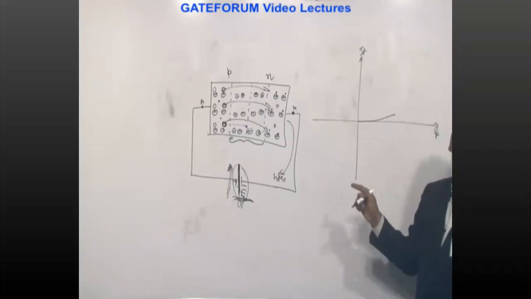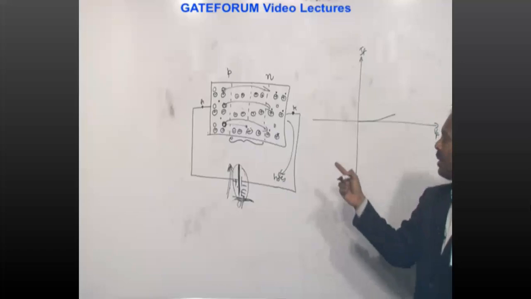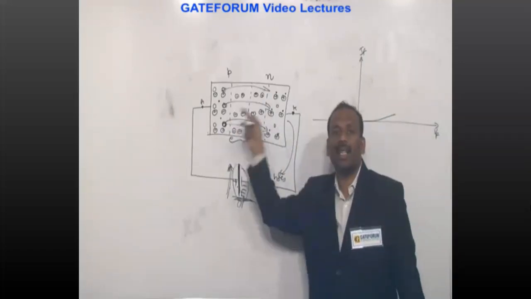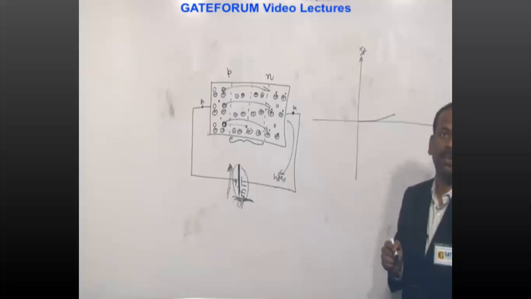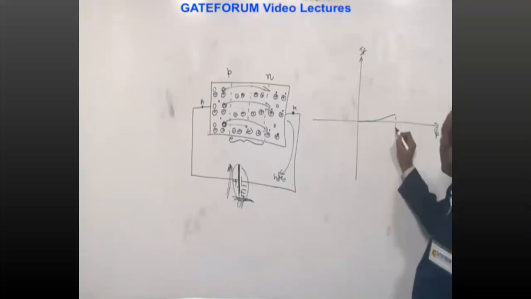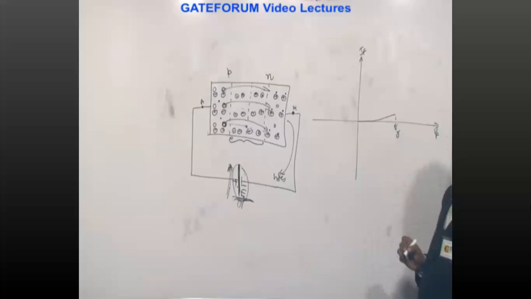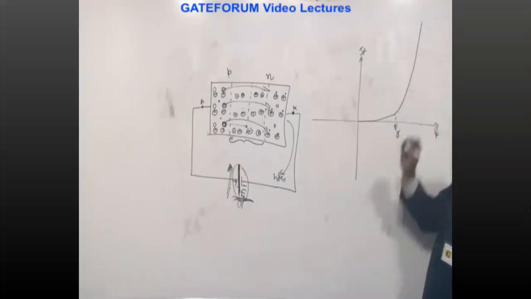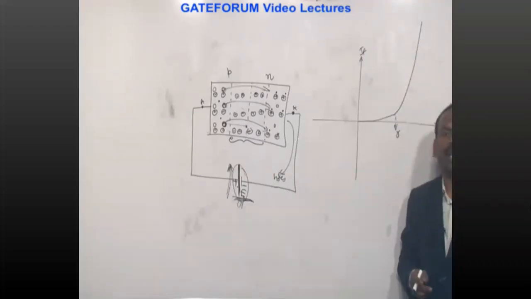As it increases further, more holes, and similarly on the opposite side, more electrons acquire the energy, and they will cross the junction. After a certain voltage known as the cut-in voltage, current increases exponentially.